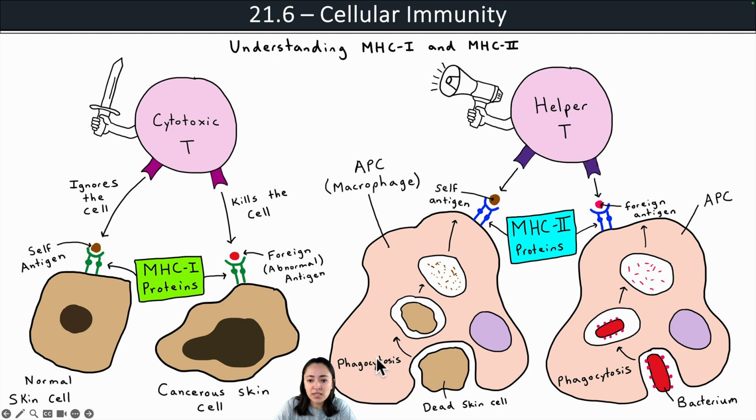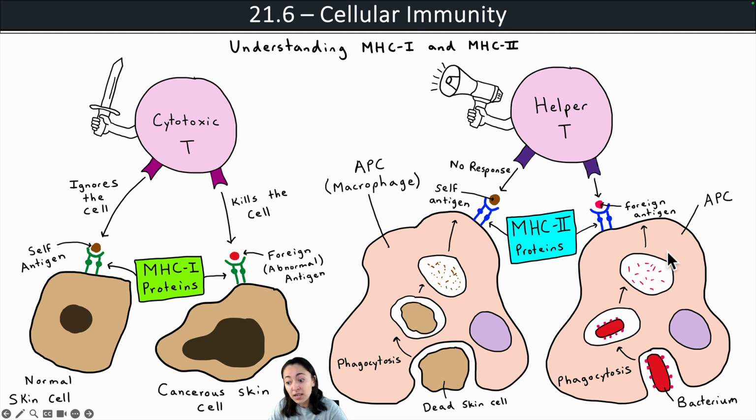Here you can see this macrophage is breaking down this dead skin cell, and some of the proteins from that dead skin cell are being presented on its MHC2 proteins. If a helper T cell comes along and investigates this antigen MHC2 complex, it should ignore it. There should be no response because your helper T cell should recognize that as a self-antigen, something that is familiar to your body.